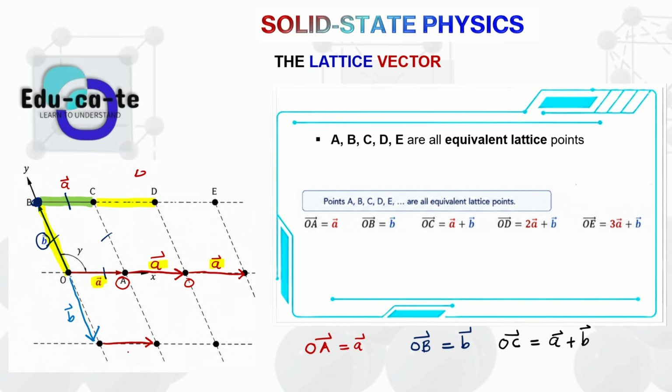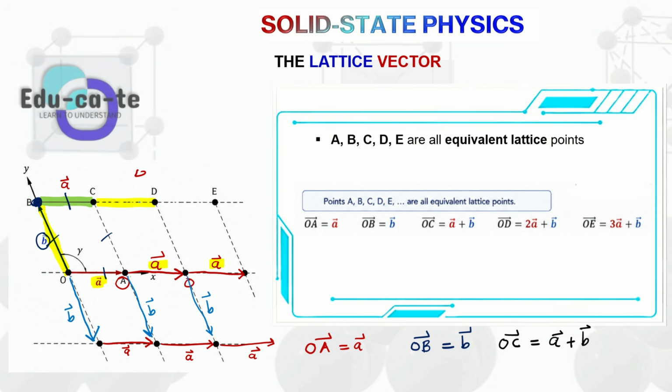So we can say vector A also describes the breadth of the lattice. Whenever I'm making a movement between two points in the lattice along the x-axis, that's going to be my vector A. And if I'm making a movement along the y-axis, that is going to be my vector B. That is how a lattice repeats itself. So the lattice continuously has a repetitive pattern.